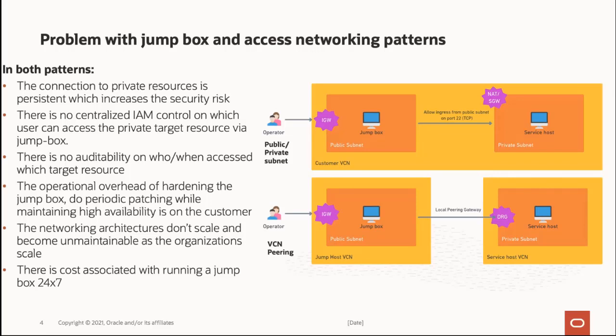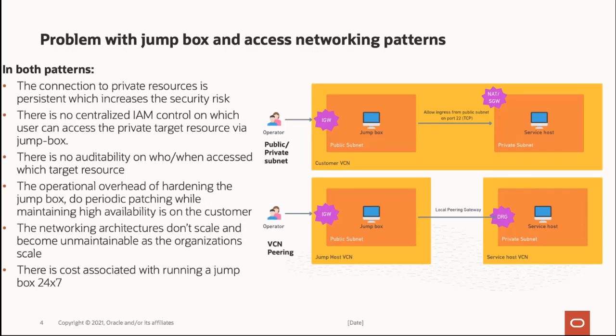Of course, the operational overhead of maintaining this jump box, doing patching, hardening it, and maintaining high availability is on the customer. So these networking architectures work at a very small scale. But as your organization scales up and your number of VCNs and your networking architectures become more complex, these solutions become unmaintainable, right?